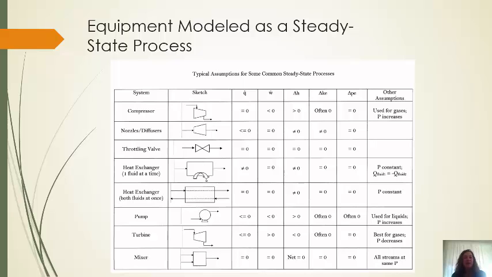The last type that we've got in this summary sheet here is the mixer. Now, a mixer is going to bring in multiple fluids. They may have different energies, and they're going to all be combined into a single stream. We usually assume that this is going to be insulated, so Q is zero. There are no moving parts, so it's basically like a T in a pipe, so there's no work required there.